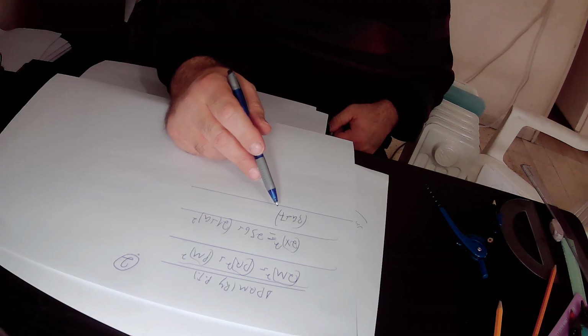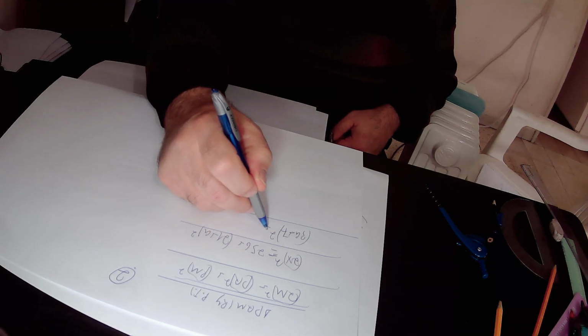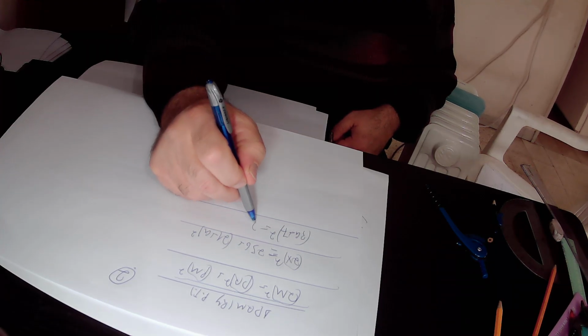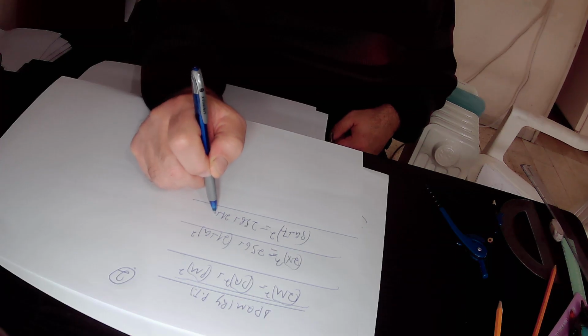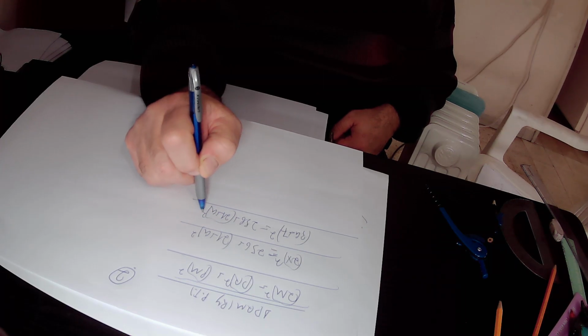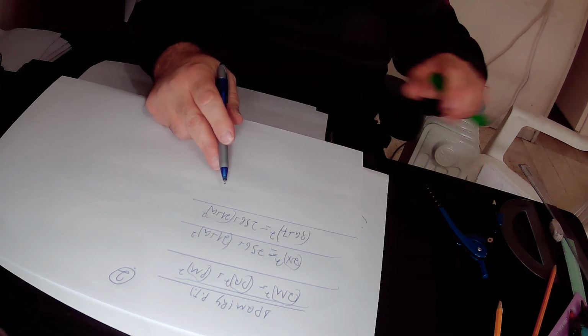If 2x equals 3a plus 7, it means that (2x) squared equals (3a plus 7) squared, and it equals 256 plus (21 plus a) squared. So here we'll open the brackets on both sides of this equation.